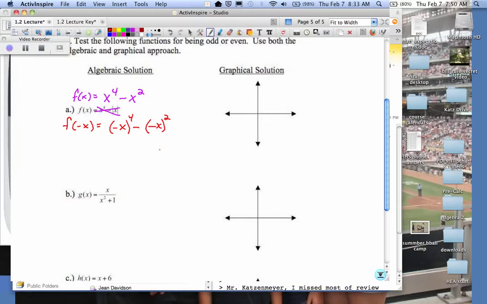What is negative x times negative x times negative x times negative x? X to the fourth. If you lined up 4 negative signs, it's going to be positive. What's negative x squared? So what's negative x times negative x? Positive x squared. Now we're subtracting it. So this is what you end up with.